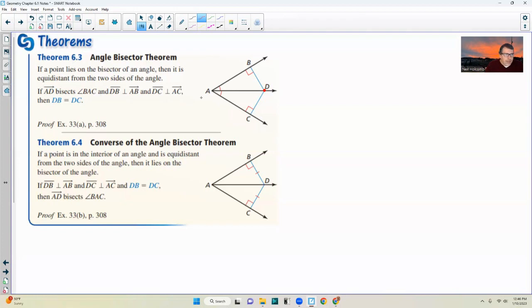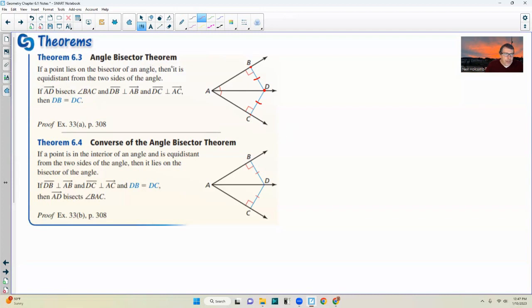If that happens and DB is perpendicular to AB, so if the distance from that point on the ray is perpendicular, if that distance to B is 90 degrees, and segment DC is perpendicular to ray AC, again, another 90-degree angle at point C, then DB equals DC.